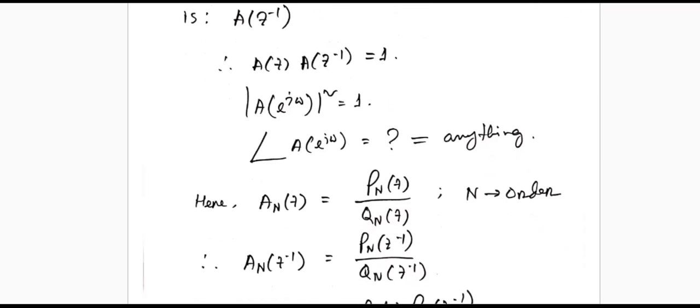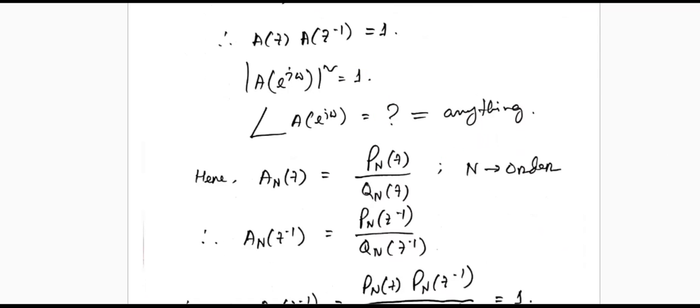And now the vital question is, what about the phase? That is the question. Because the amplitude is 1 everywhere. Amplitude 1 means it actually passes everything. What about the phase? It can be anything. You can design the phase with any value.